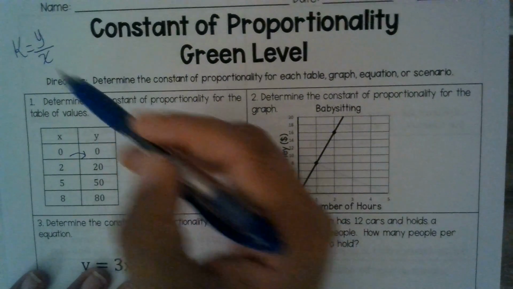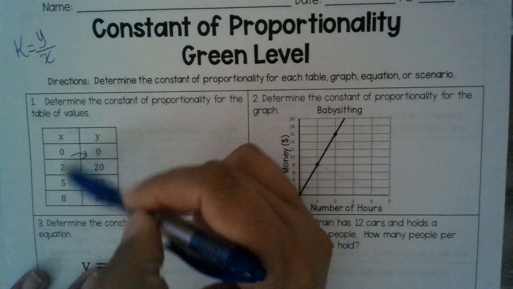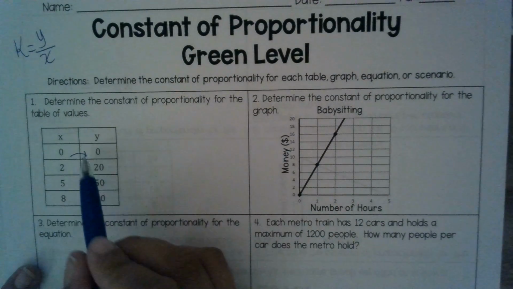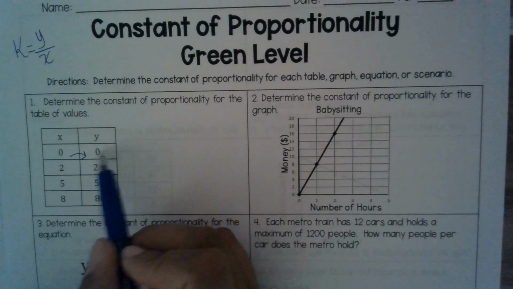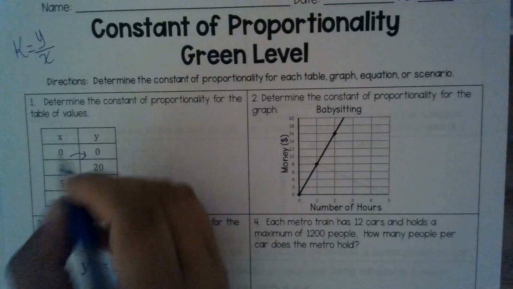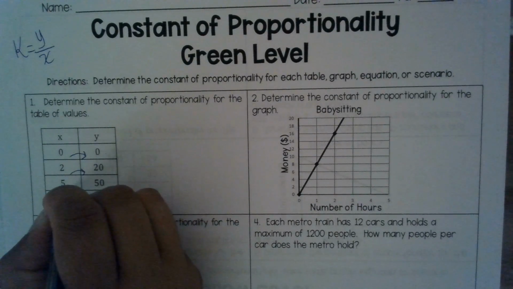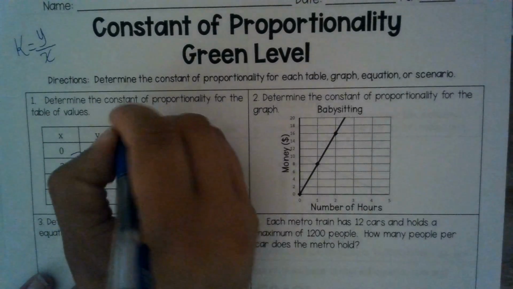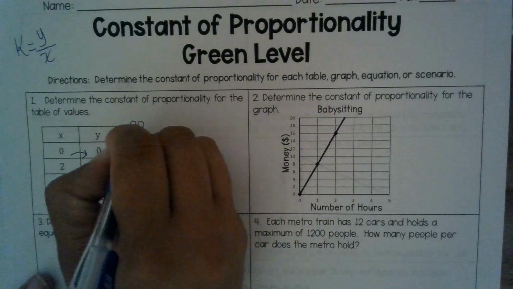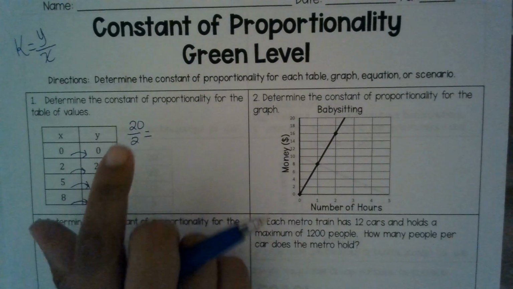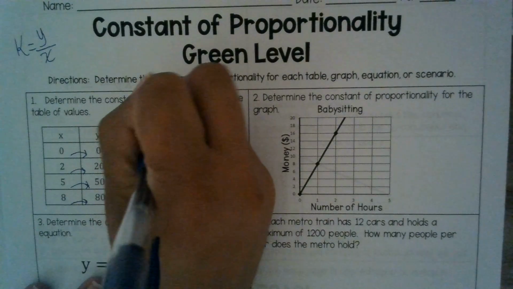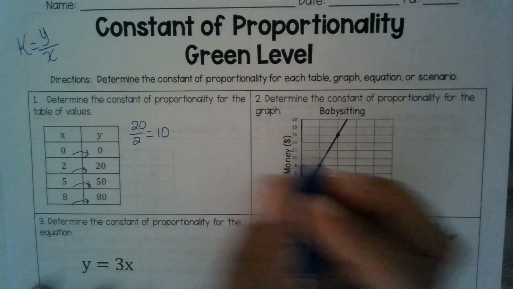All your Y values are in the numerator. All your X values are in the denominator. So we can't really do 0 and 0. So I need to go to the next set first so that I can find that pattern better, okay? So let's do 20 divided by 2. Well, 20 is your Y value, 2 is your X. 20 divided by 2 is 10. Okay.